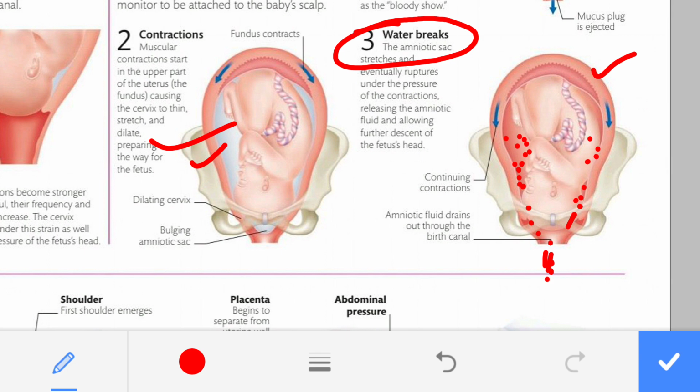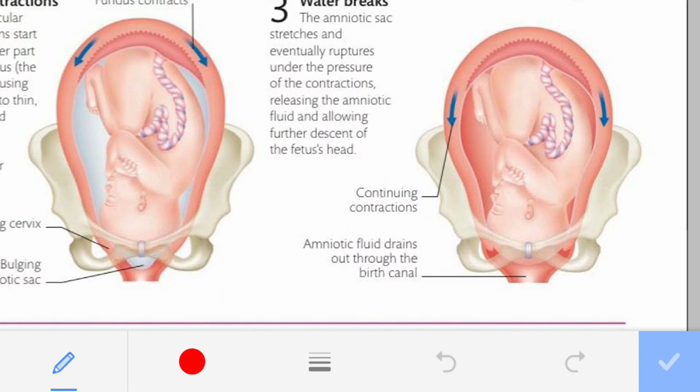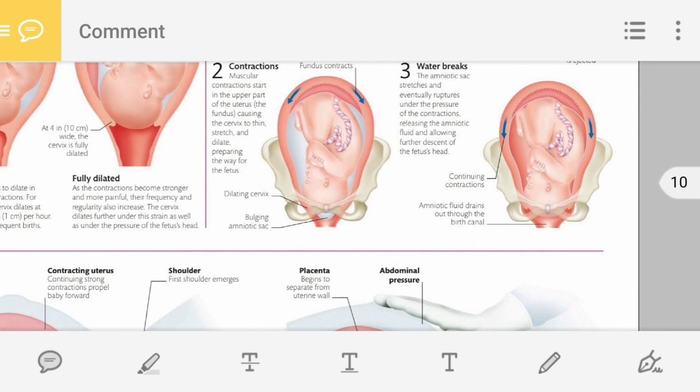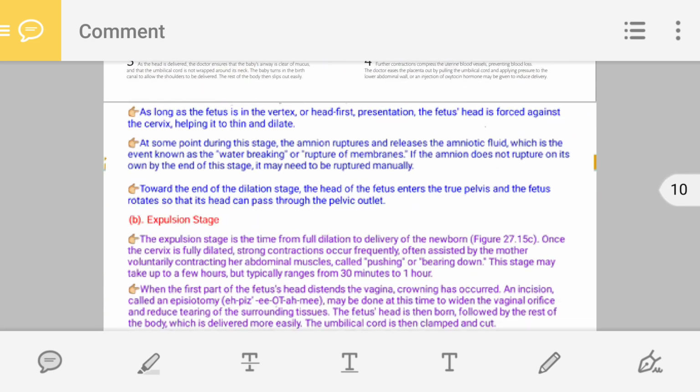Due to this fluid, the passage, that is the vagina and the cervix, becomes fluidy, becomes watery. So it will be an easy journey for the fetus head and the entire body to travel into the mother's birth canal, that is the cervix and the vagina.